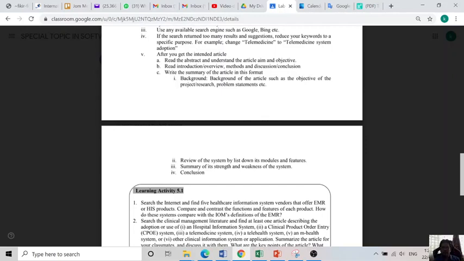Okay, so this is the main objective of this lab, to teach you how to do the analysis of other people's work. And then from that you will get the theory. So this is called theoretical analysis.